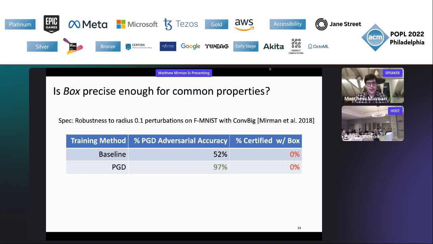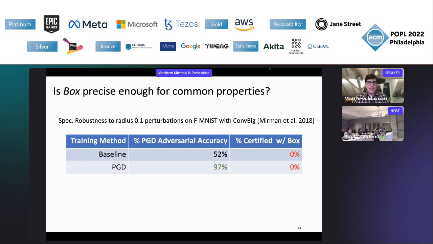With standard training, we can see that PGD, which is a common attack, is able to attack the network well and cause the network to only have 52% accuracy. So we can't certify anything with box there, which is reasonable because it might be the case that none of the images in the data set are actually robust for that network.